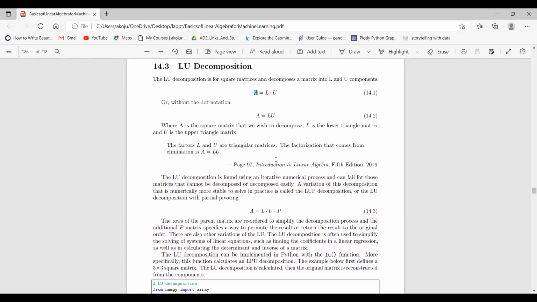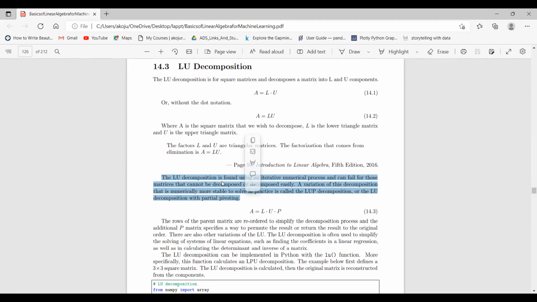As I said, this is for a square matrix, and LU decomposition is found using an iterative numerical process and can fail for some matrices. This LU decomposition has particular steps to be followed for finding the lower triangular matrix and upper triangular matrix.